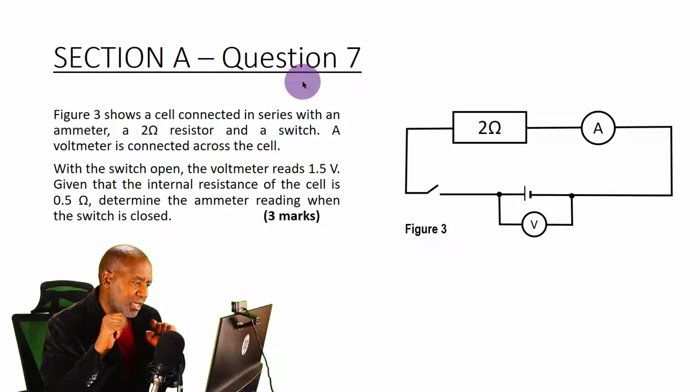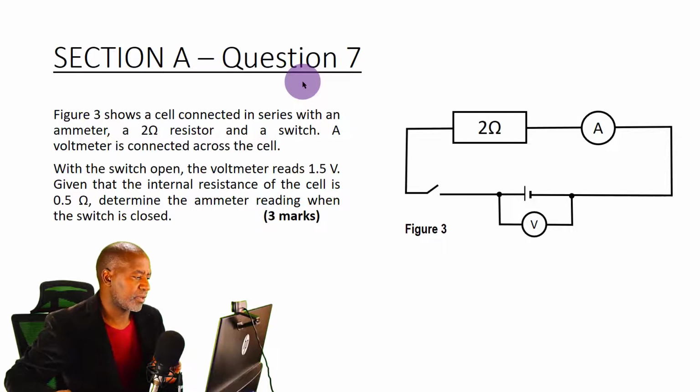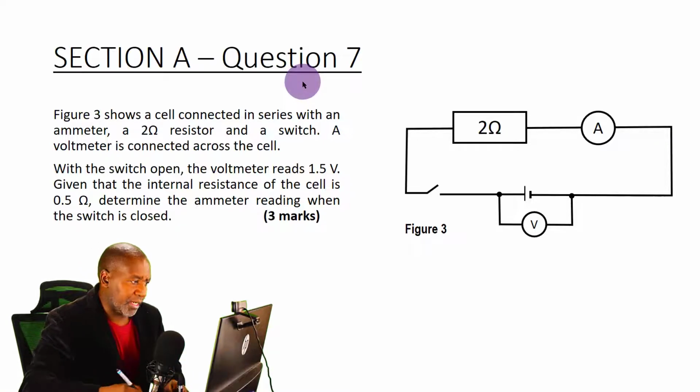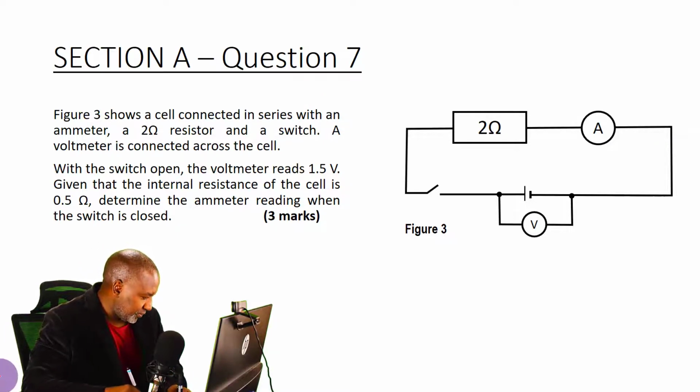Given that the internal resistance of the cell is 0.5 ohms, determine the ammeter reading when the switch is closed. Let's see what happens here.